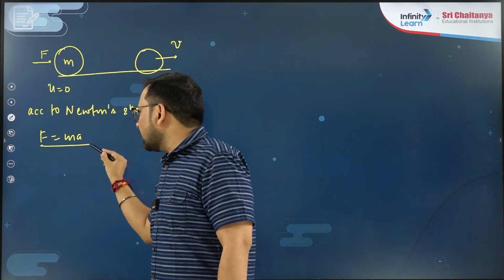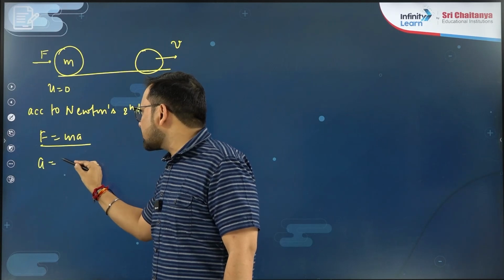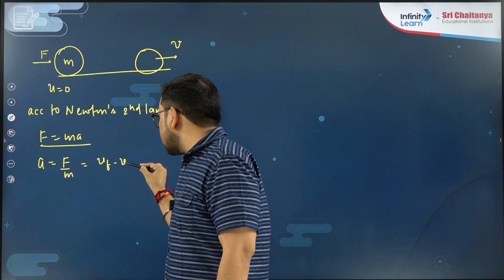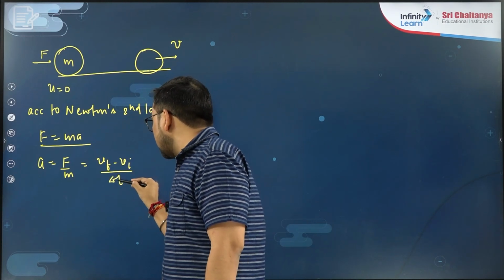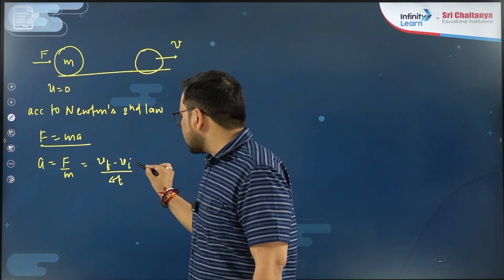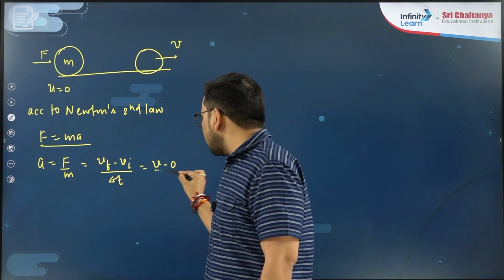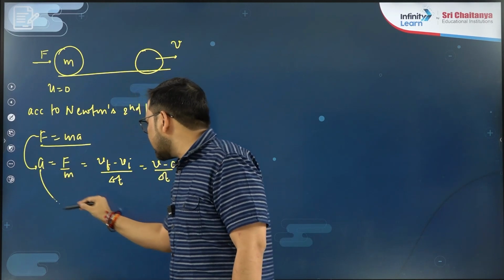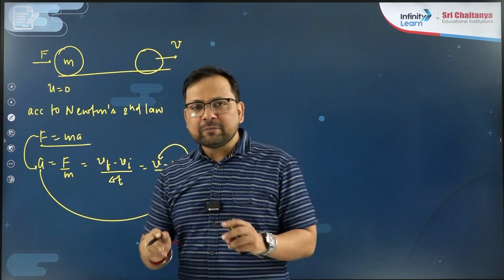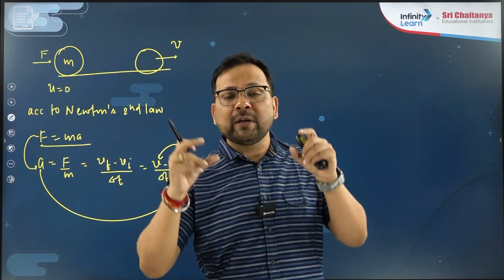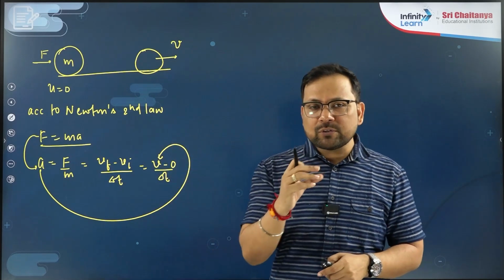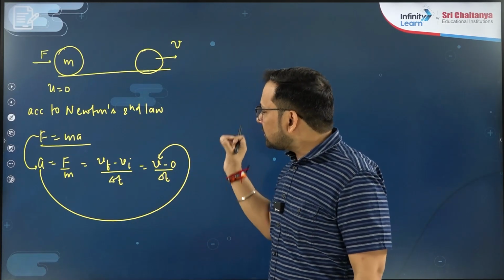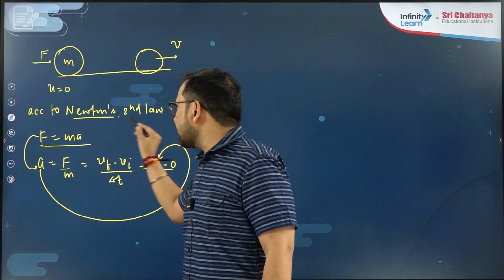So this is Newton's second law, which tells that there is an acceleration, that is F by m, which is change in velocity, final minus initial, divided by the time taken. Initial velocity was 0, final velocity v, so we got some speed because of this force causing acceleration, and acceleration is changing the speed. So we have discussed one very simple query: when a ball is acted upon by a force, why it accelerated, why its speed changes. And to get the answer, we used Newton's second law.